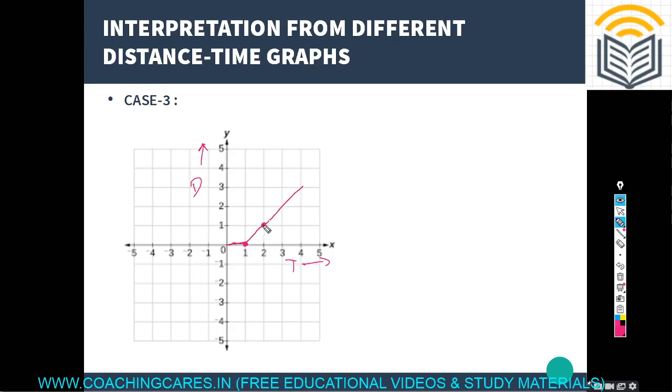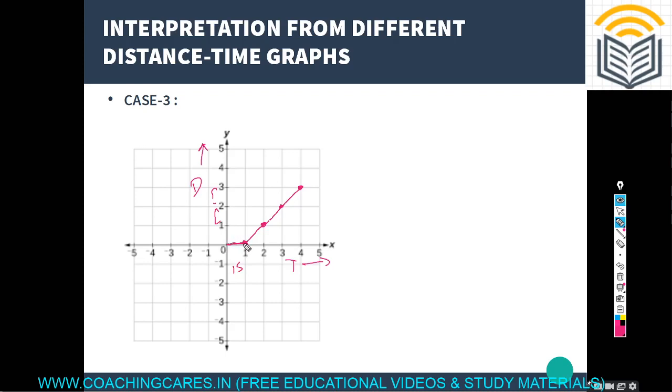Another 1 second, at this point. Another 1 second the body moves again 1 meter. Another 1 second, 1 meter again. Equal intervals of time, equal body movement of 1 meter, time interval 1 second. But at the initial position, in the first 1 second the body is not moving. There is no movement, distance is 0.